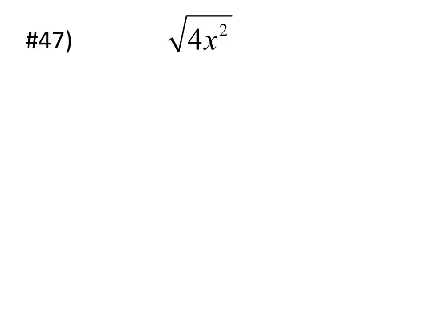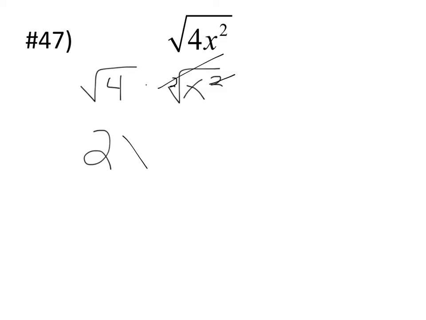Alright, here we have the square root of 4 times the square root of x squared. Okay, well we know the square root of 4 is 2, and I just told you if your index and your exponent match, you can cancel them out. So remember, this is an assumed 2. So they're the same, so they cancel out.